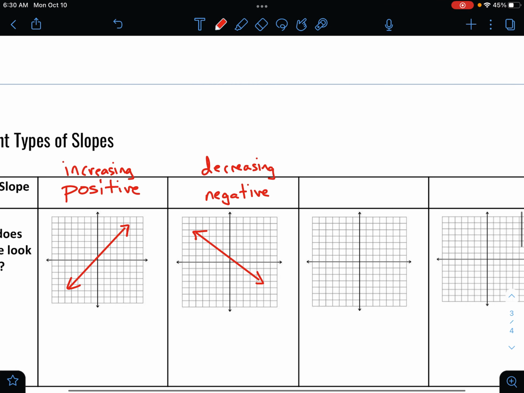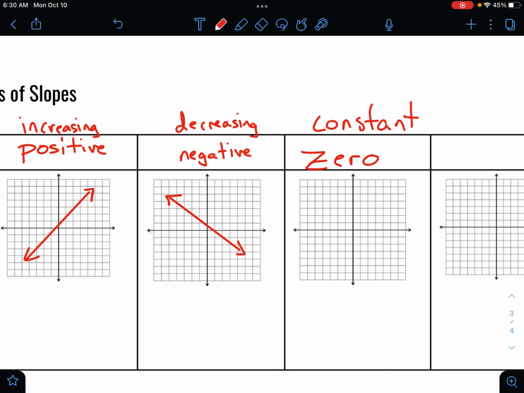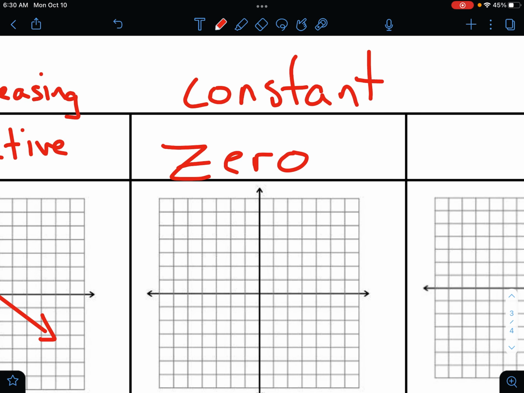Okay, we talked about this last week as well. We've got a constant slope, which is actually 0. Okay, if there's time today, maybe Mr. Figgle, or you can look up Slope Dude on YouTube and watch that. But you have constant and a 0 slope, which is a straight line left to right.